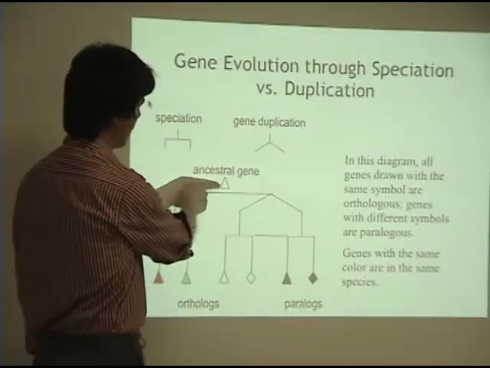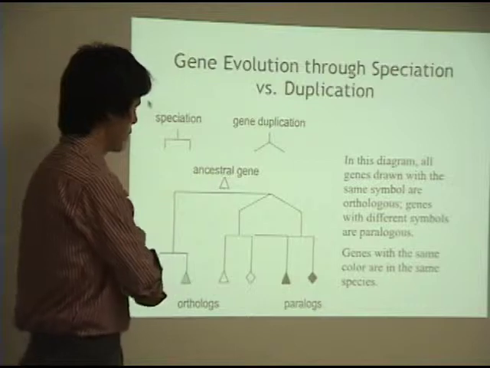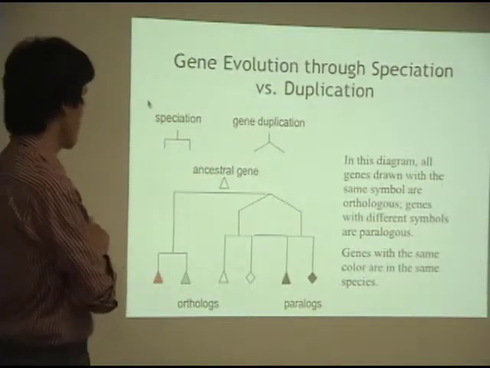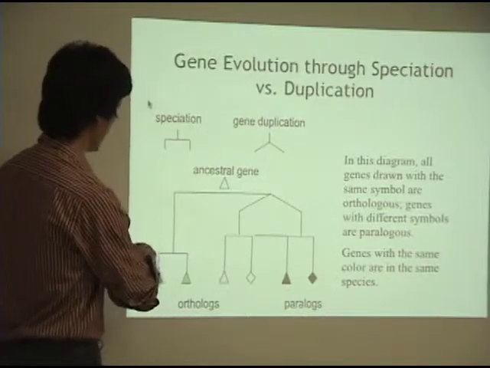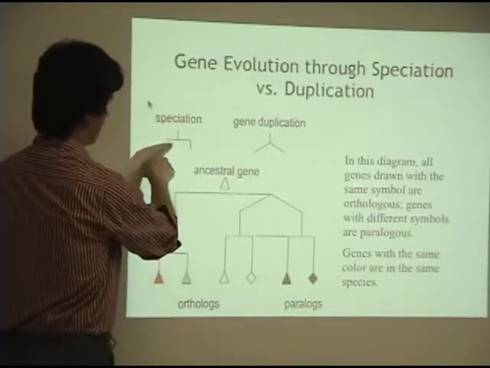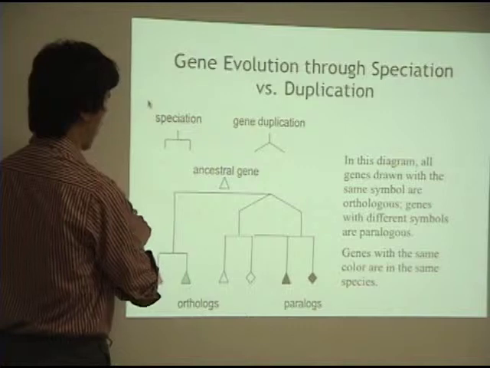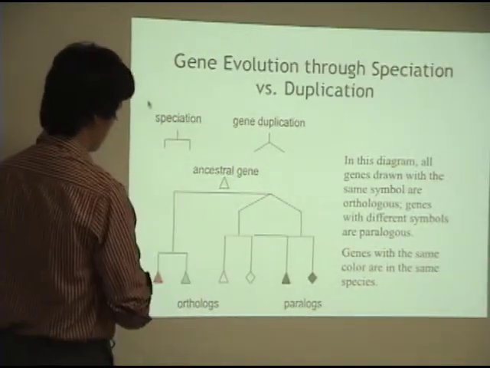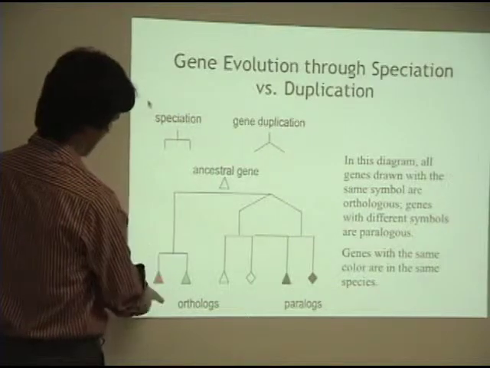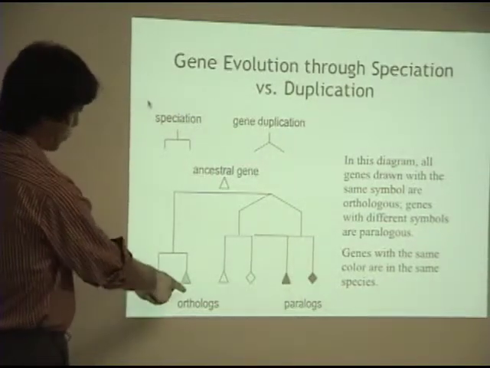So let's say we have an ancestral gene shown here by this triangle at the top, and now various events happen. So for example, here we have a speciation event shown by these square brackets. So that means now this species divides into two separate species, and then let's say that happens again. So down below here we have two different species.